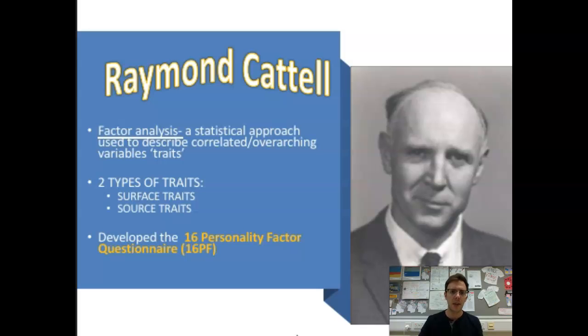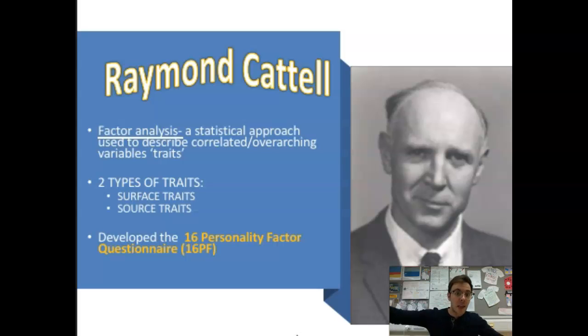And so Raymond Cattell took what Gordon Allport did in his research and kind of simplified it, because Gordon Allport had over 4,500 different adjectives to explain personality, and that's a lot. That's kind of confusing. 4,500, right? So he used factor analysis to take on these large groups to reduce them, right, down to about 171 terms.